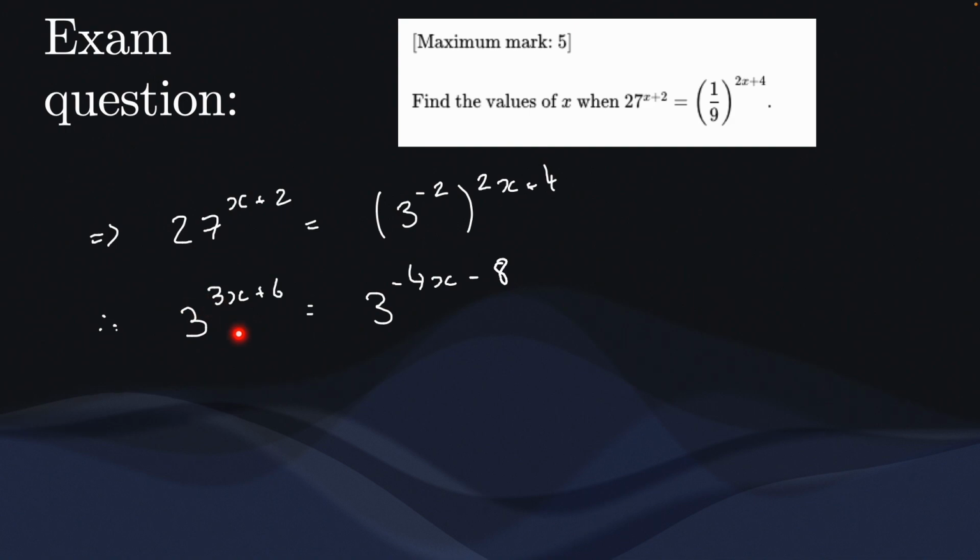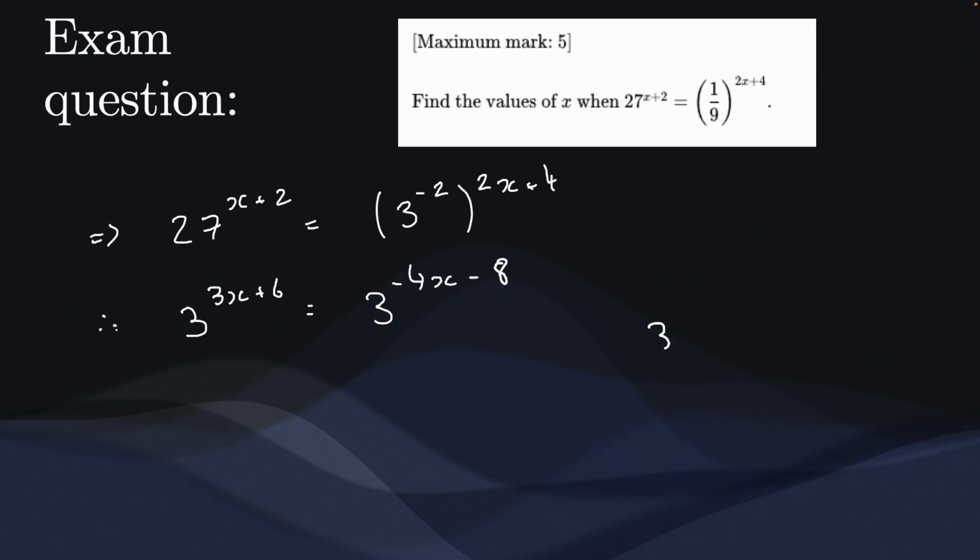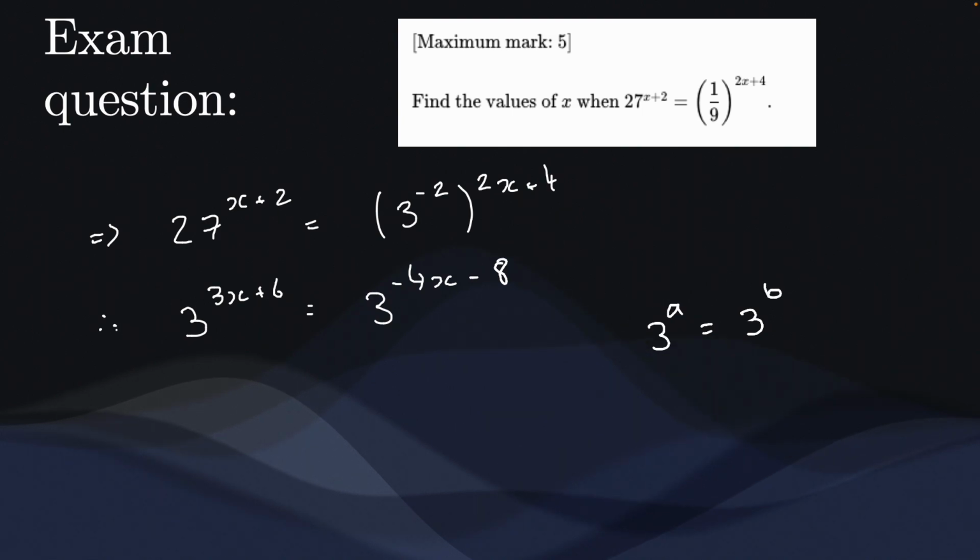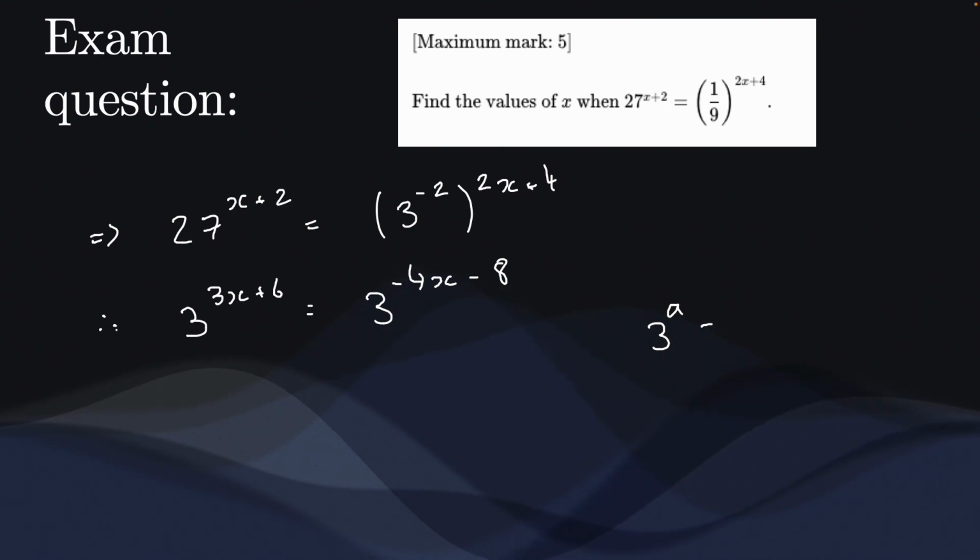And what we can notice here is that the bases, these numbers here, are the same. So we have 3 to the power of something a. So let's say 3x plus 6 is a, so 3 to the power of a is equal to 3 to the power of b. What does that mean? Well, that means that a must be equal to b, right? Because if you multiply 3 by itself the same number of times, you're going to get the same number.